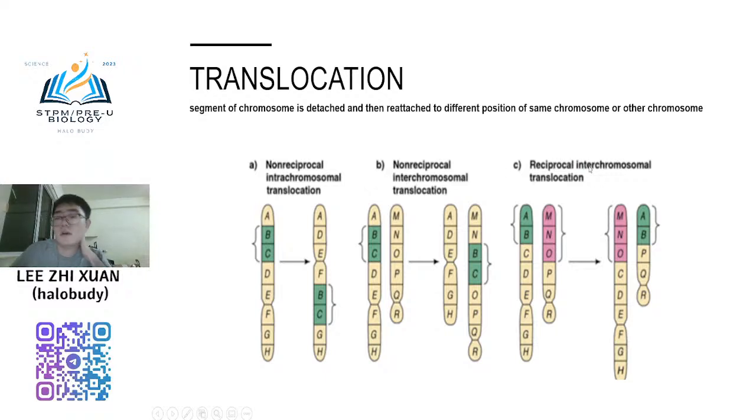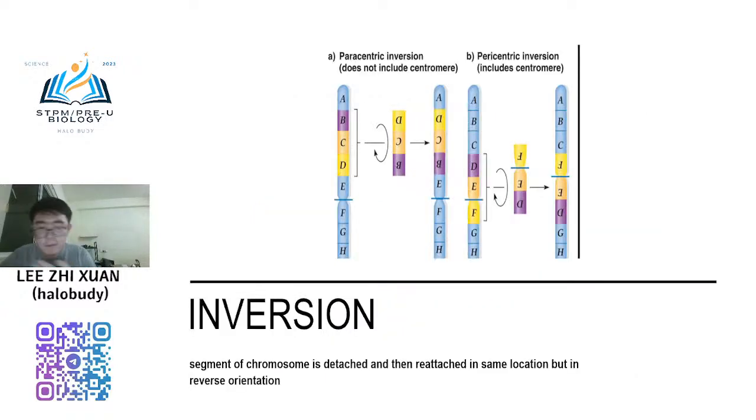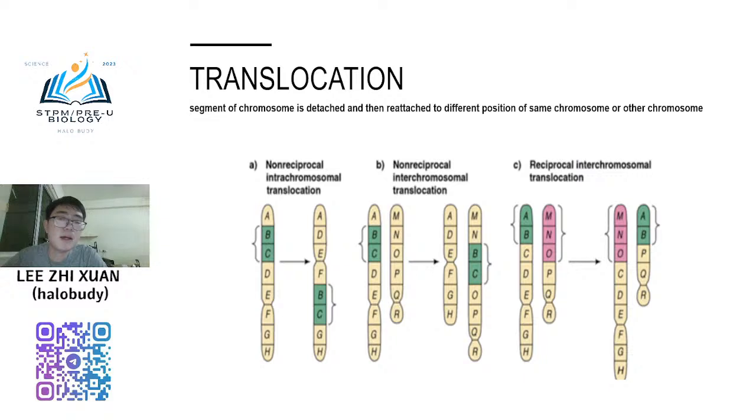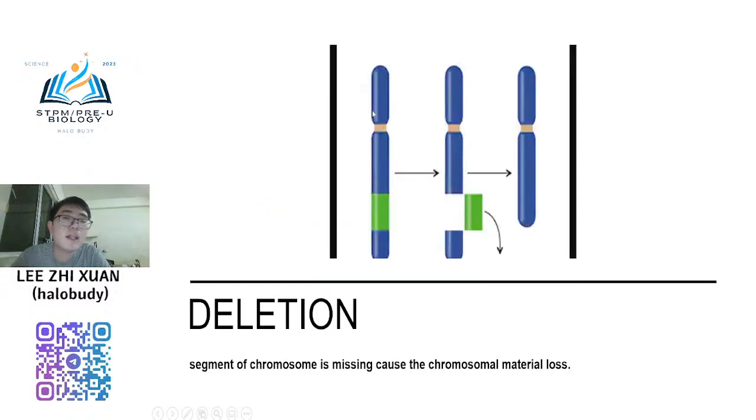Okay, so this is about translocation. Please don't confuse it with inversion. They seem the same, but actually totally not the same. If you know the definition, you will know it is totally different.